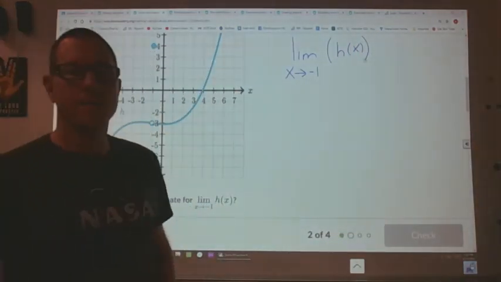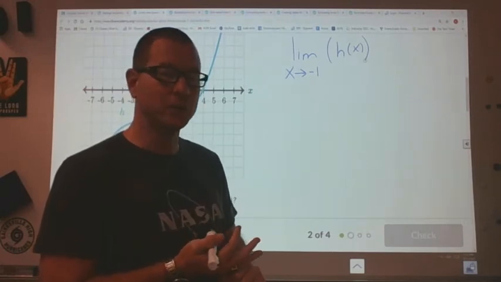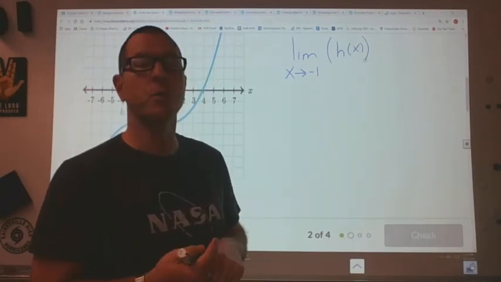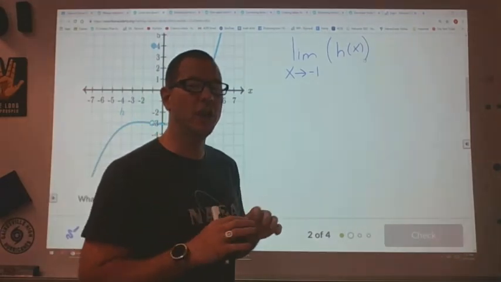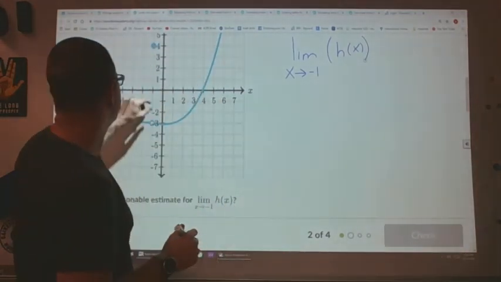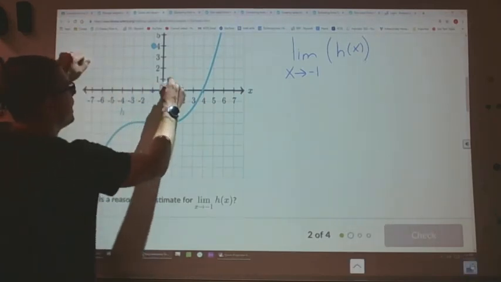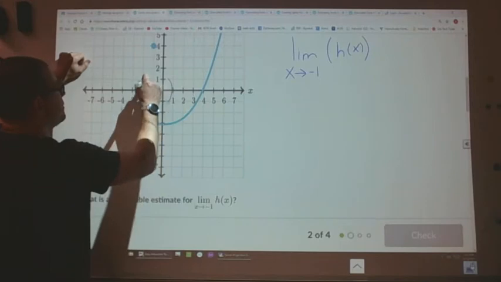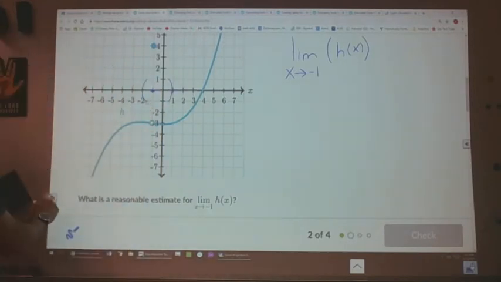We don't really care what the value of the function is at -1. We want to know the behavior of the function around -1. So here's -1. I want to know what the behavior of this function is in a little bubble around -1.